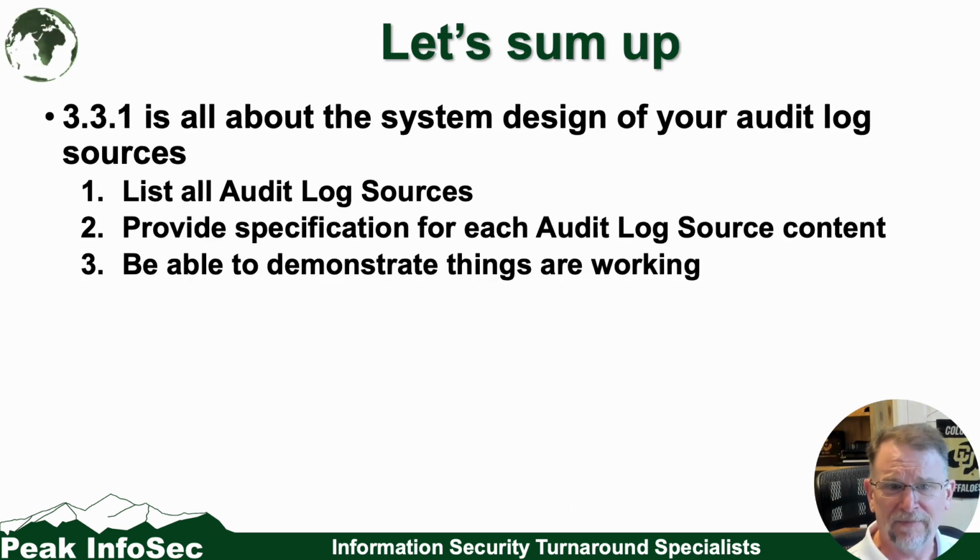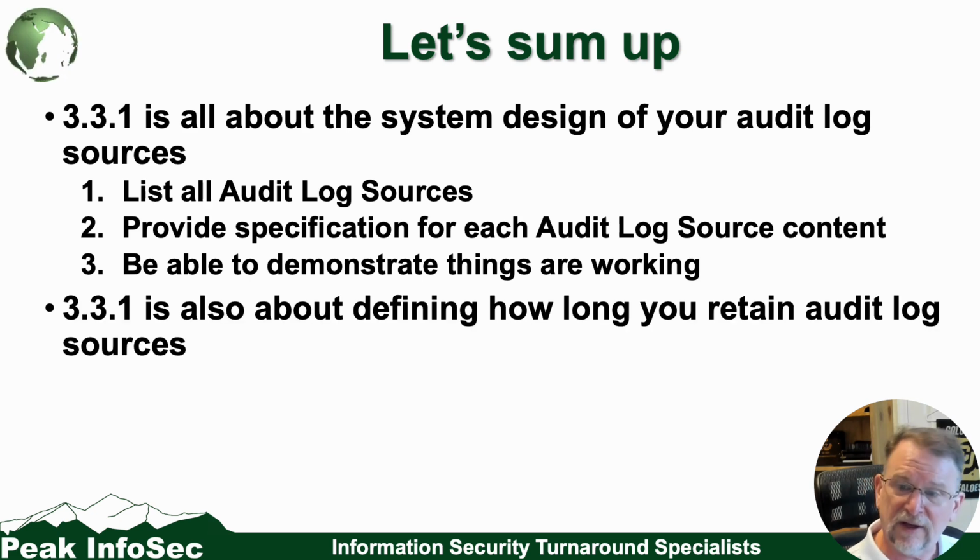So let's sum up. 331 is all about the system design of your audit log sources. A list of all the audit log sources for each and every component that you're bringing in, the specification for each of those audit log sources that you're tracking, and then be able to demonstrate things are working. And then it's also about how long you're going to retain your audit log sources. This is fine.